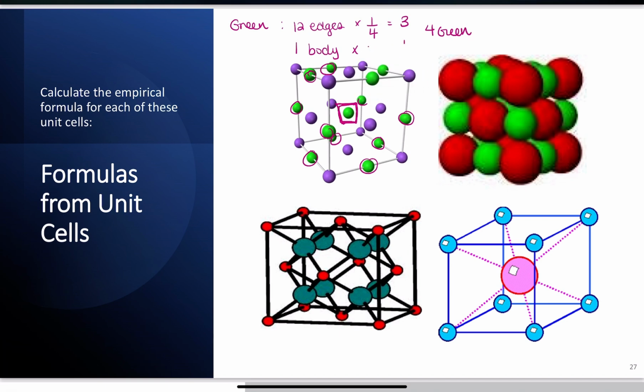Now I'm going to do the same thing with the purple. If I look at my purple, 1, 2, 3, 4, 5, 6, 7, 8. I've got 8 corners.